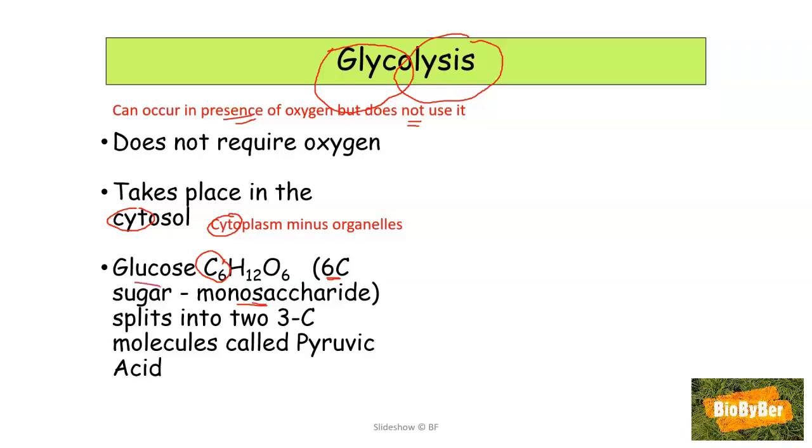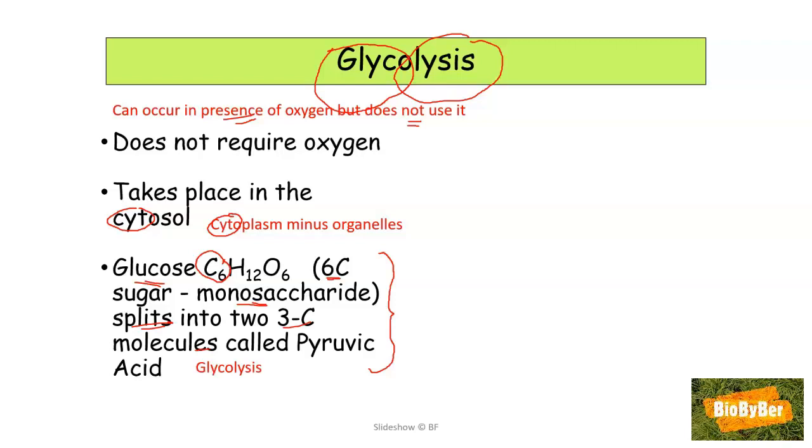The glucose, sugar, is broken down or splits into 2 3-carbon molecules called pyruvic acid. This process, where glucose is broken down to 2 pyruvic acids, is actually glycolysis.